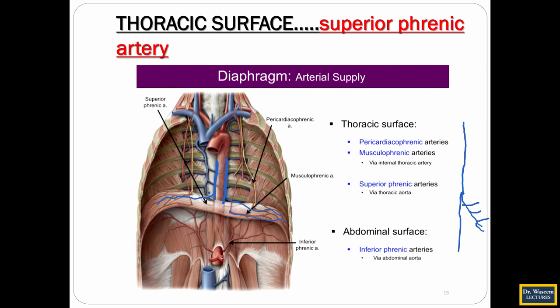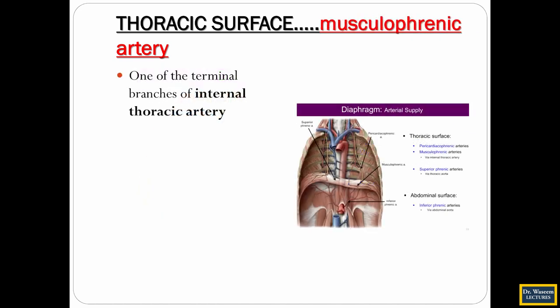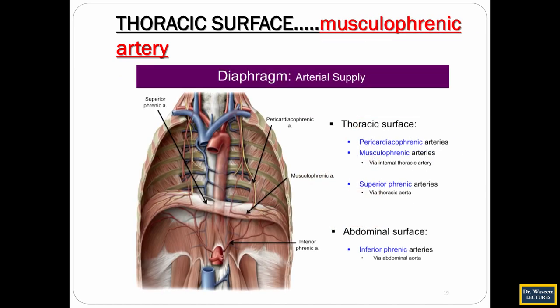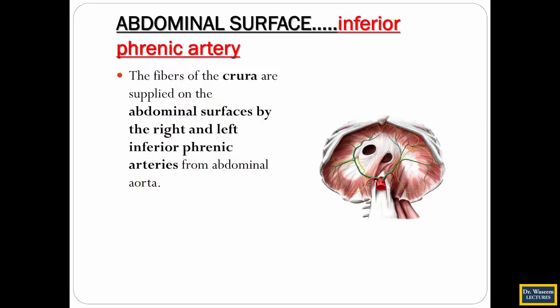You see the musculophrenic in this black color. So it should supply the superior phrenic artery as well as the musculophrenic artery. This is the branch of the internal thoracic, which splits here and gives the musculophrenic, and the musculophrenic gives the intercostals, the 7th, 8th and 9th anterior intercostal.